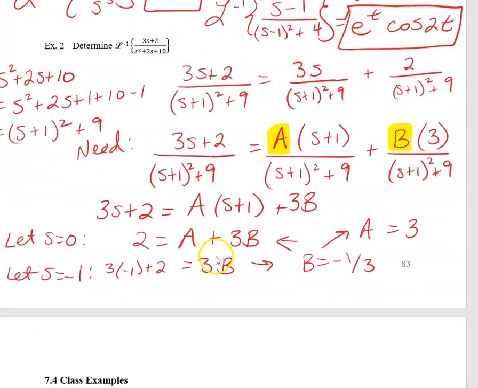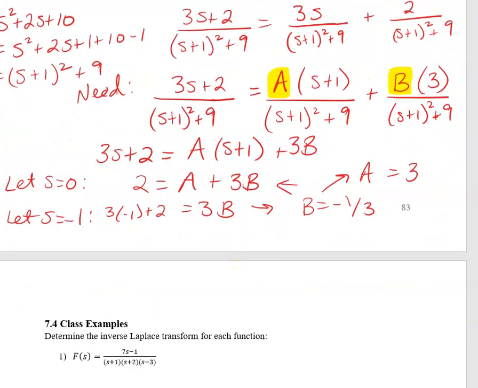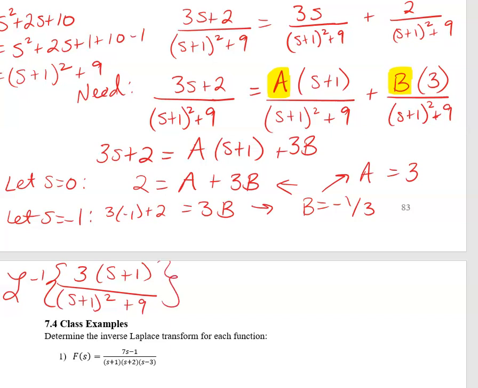So let's put all this together. We're looking for the inverse Laplace of the function a times s plus 1. Well, we just said a was 3, so 3 times s plus 1 over s plus 1 squared plus 9. And then remember, Laplace transforms can be split up, so can the inverses. So I'm going to write the second one on its own, the inverse Laplace of b times 3.